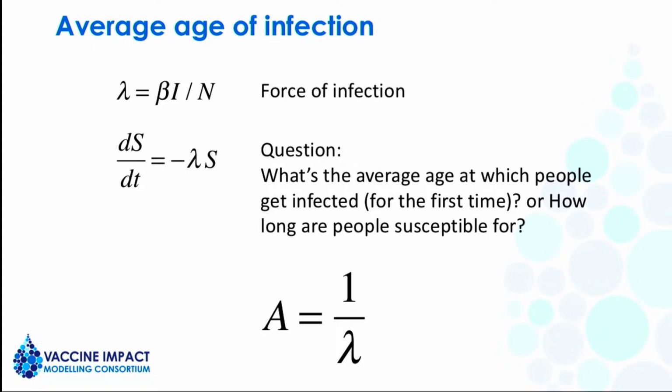All of those have to cancel out. So the dimensions must just be a rate, 1 over time. We can do that by dimensional analysis of the equation, because dS/dt must have dimensions of people over time, susceptibles is people, so lambda has got to have dimensions 1 over time.